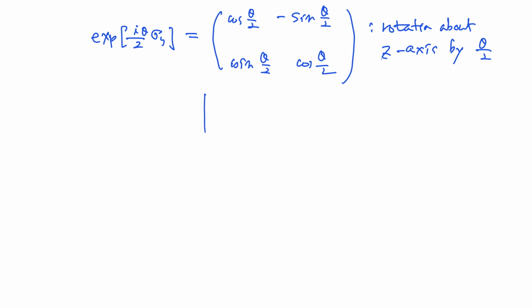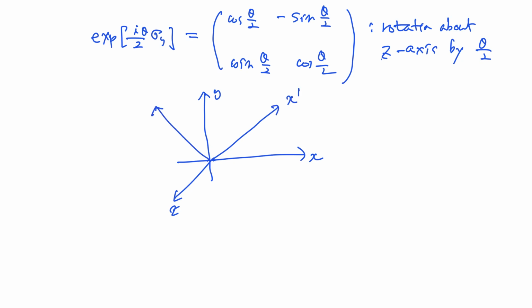So you have this x and y, this is z, and this is theta over 2. So this operation is basically you rotate your axes with respect to the z-axis by theta over 2.